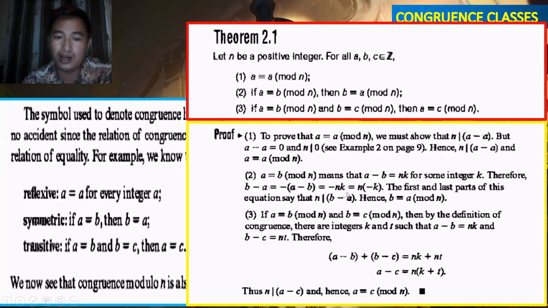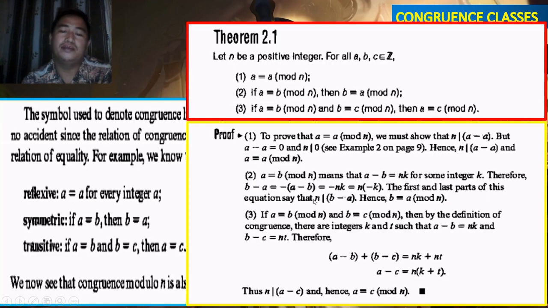So, therefore, yung a minus b class equivalent na sa b minus a, which is equal to negative of a minus b, which is equal to negative nk. Mag-times ang negative sa a minus b, kasi mag-times ang negative din sa nk. So, negative nk is equal to n times negative k.